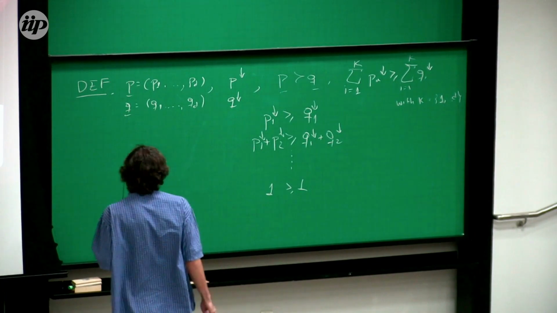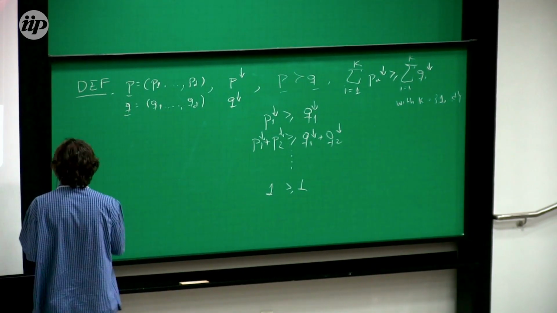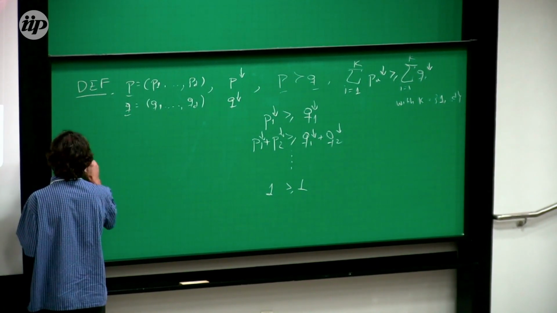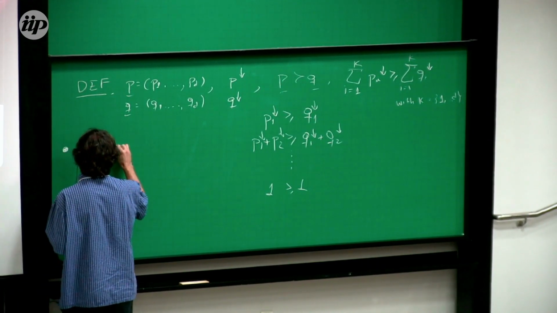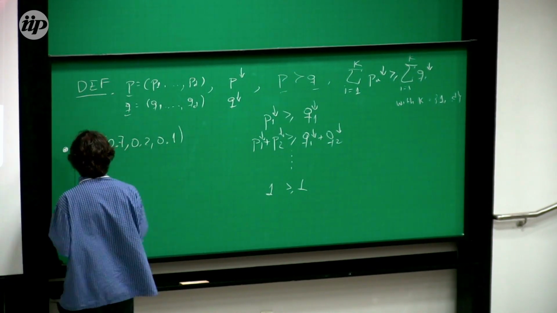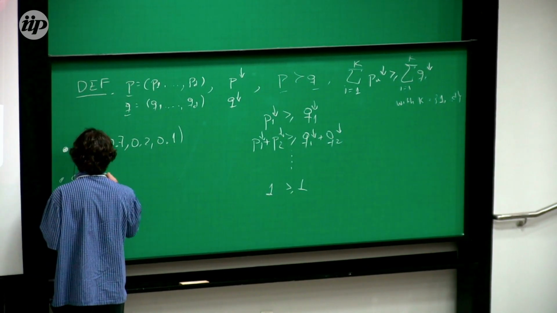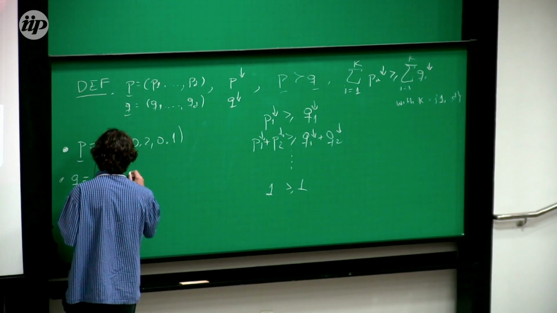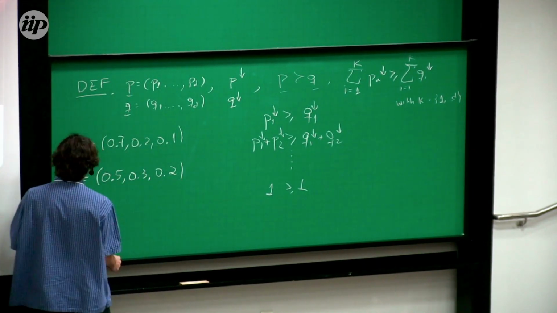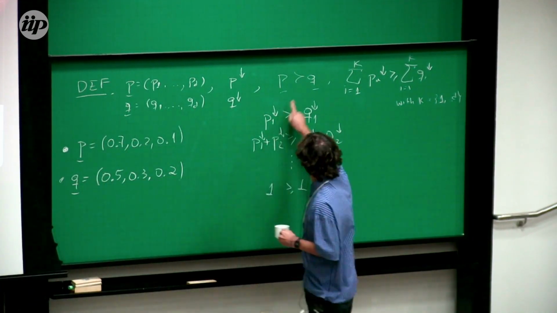Let's see an example. I know that this is very simple and trivial, but let's just take an example. Suppose that P is 0.7, 0.2, 0.1, and let's suppose that Q is 0.5, 0.3, 0.2. Basically now, if we want to know if P majorizes Q, I just need to apply this.